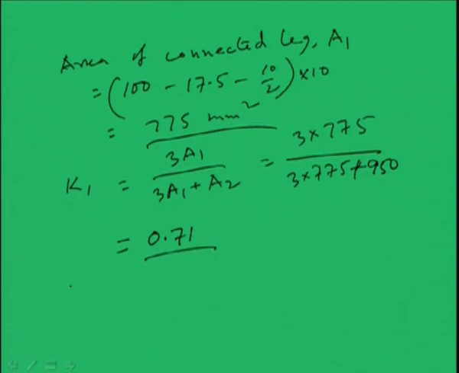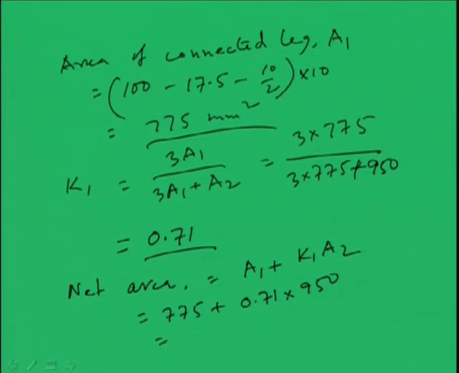Now the net area. Net area we know will be A1 plus K1 A2. So if we put the values, this will become A1 plus K1 is 0.71 into A2 which is 950. So after calculating, this is becoming 1449.5 millimeter square.